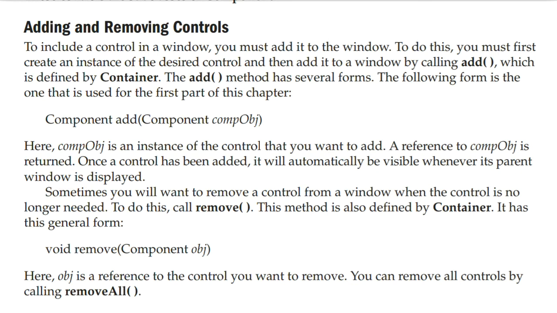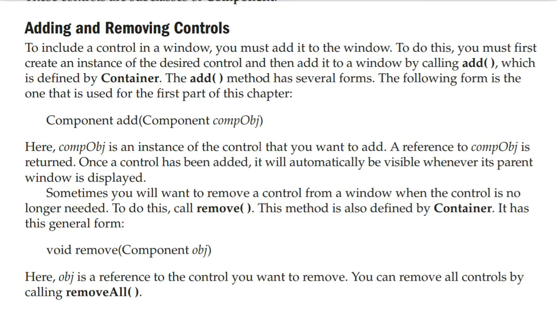The following form is the one that is used for the first part of the chapter: Component add(Component compObj). Here compObj is an instance of the control that you want to add. A reference to compObj is returned. Once a control has been added, it will automatically be visible whenever its parent window is displayed.